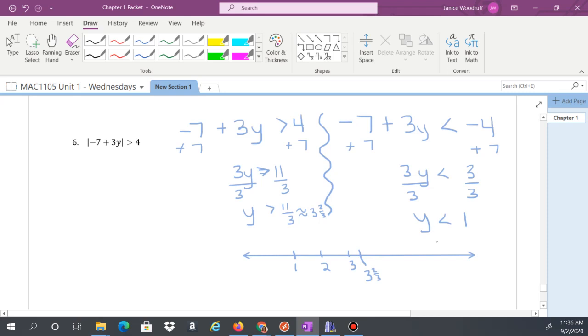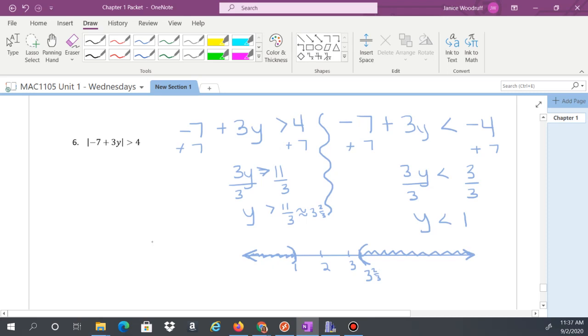So they're going in opposite directions. All right, you've got y is less than 1. That's going to be to the left. So you're going this way. And then you have greater than 11 over 3, which would be going to the right. So this way. Okay, so that's what our graph's going to look like.